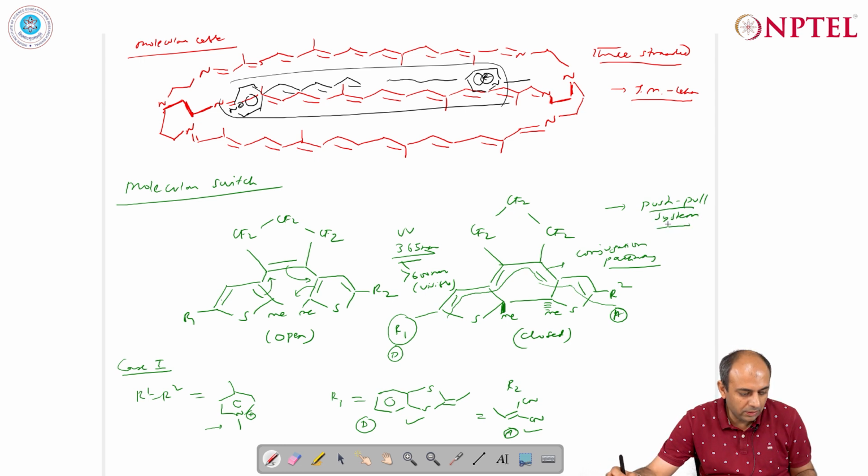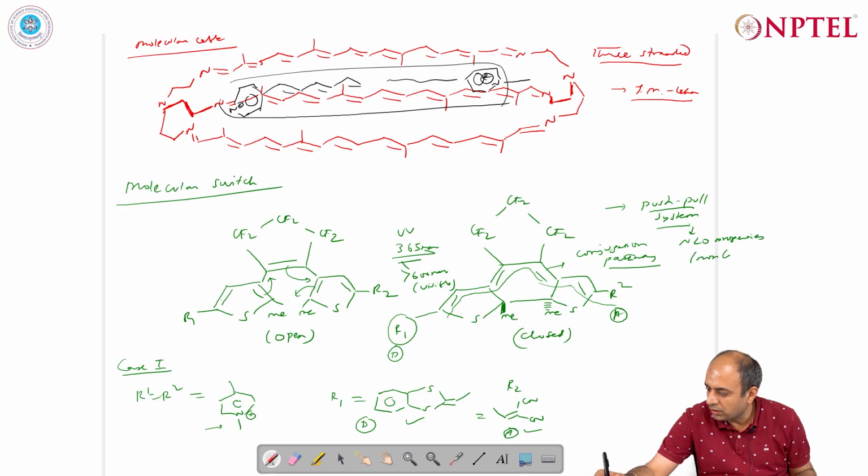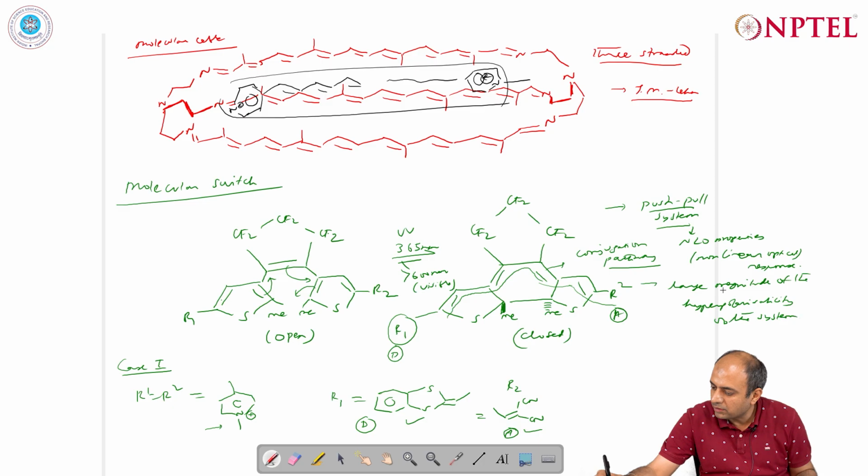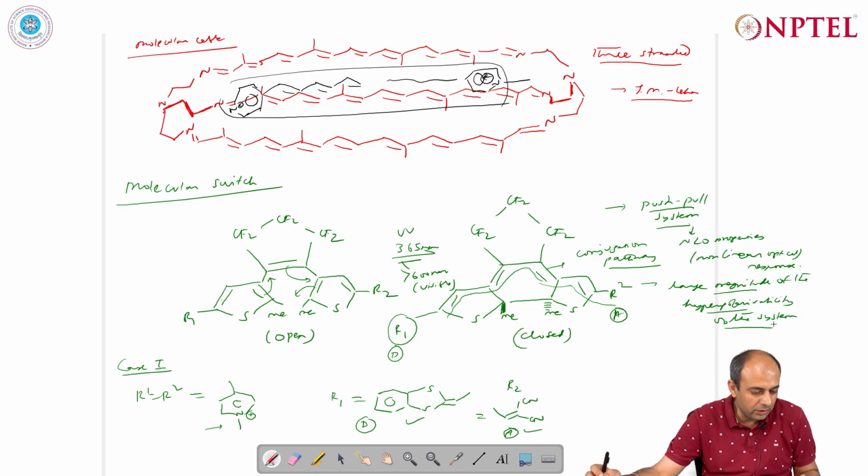And this push-pull system is very important because these kinds of molecules exhibit NLO properties, which is called the non-linear optical response, and this is characterized, to start with, by a large magnitude of the hyperpolarizability of the system of interest.